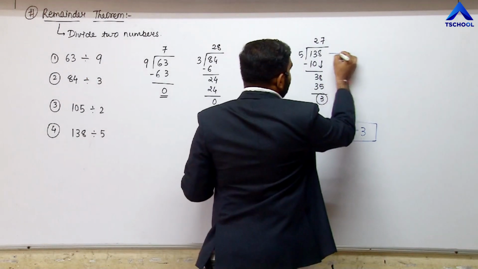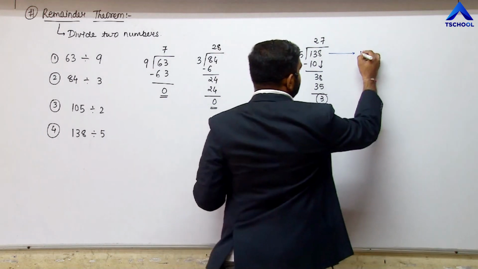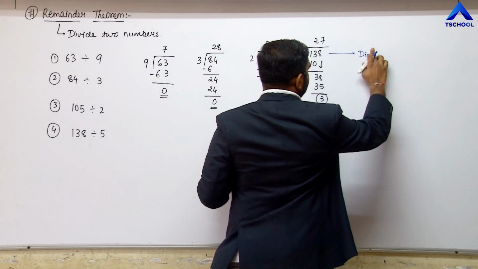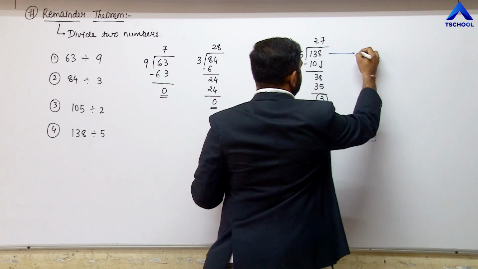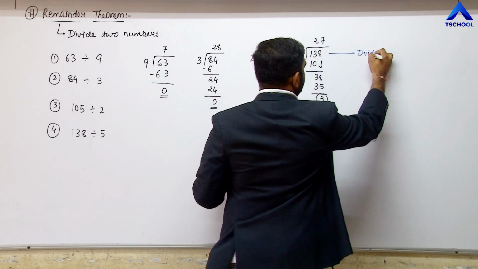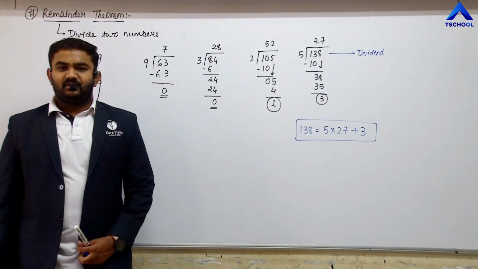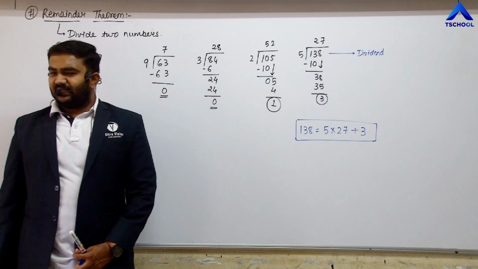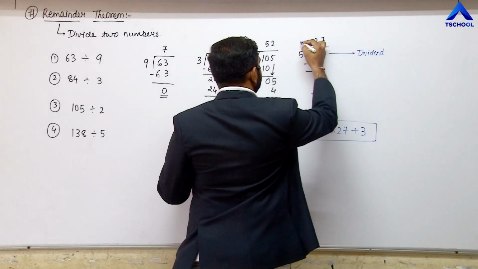Okay. Now coming back to this division again, I am taking the last example. What is 138 known as? This 138 is known as the dividend, right? As we studied in the lower standards, the number that is divided is known as the dividend. What is this 5 known as?